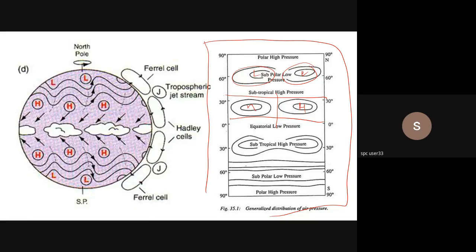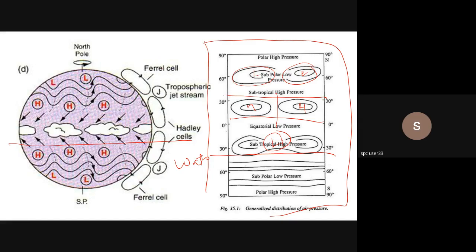This distribution occurs in the high pressures of the southern hemisphere also, but because from this latitude onwards you have water extensively, the subpolar low pressure belt and the polar high pressure belt are continuous. So this is again something that you have to keep in mind.